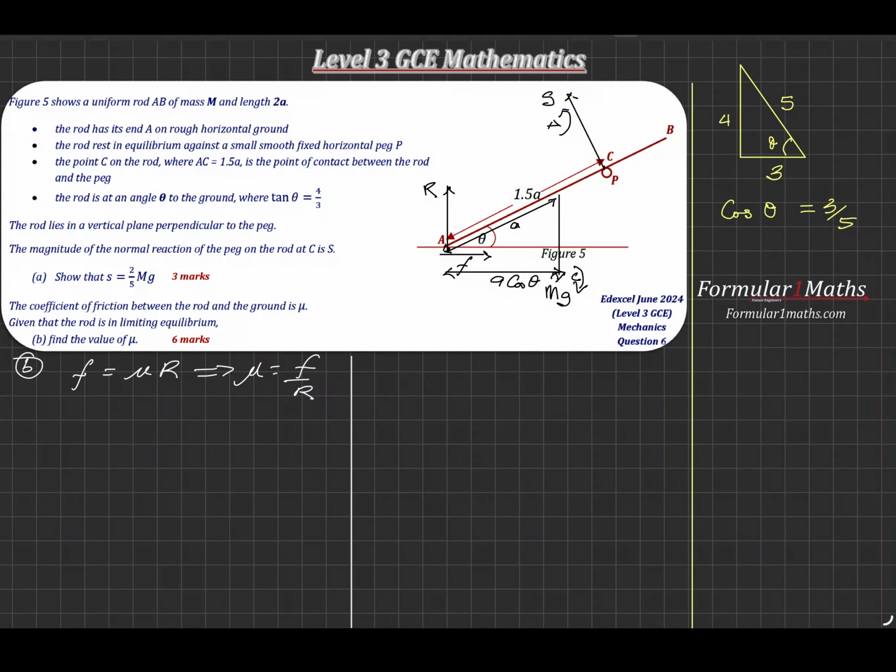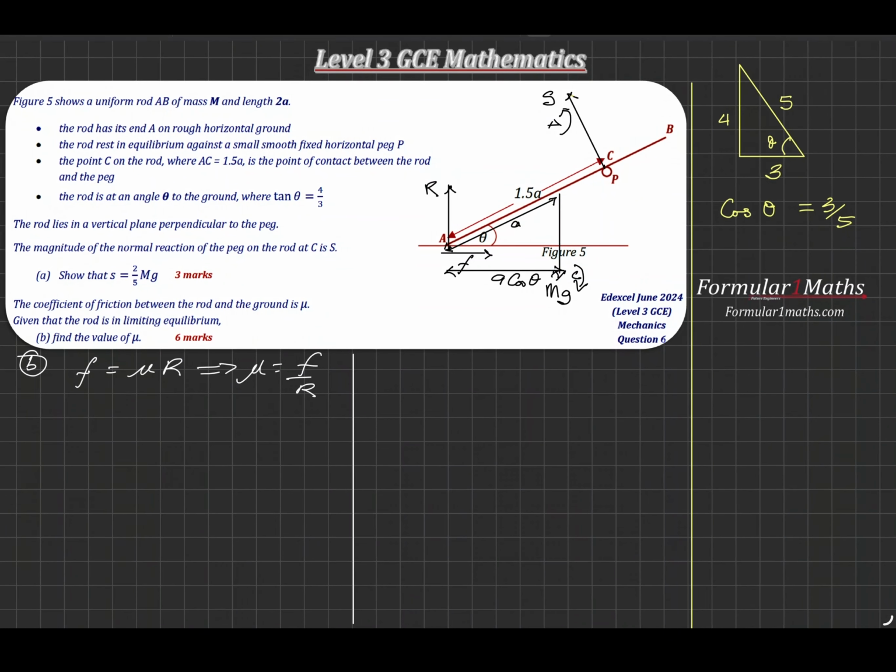So for F, since the whole rod is in equilibrium, it means that the horizontal forces are equal. So I'm going to resolve this force now into horizontal and vertical forces. If I do that, I'm going to get something like this. And this angle here is the same as theta.